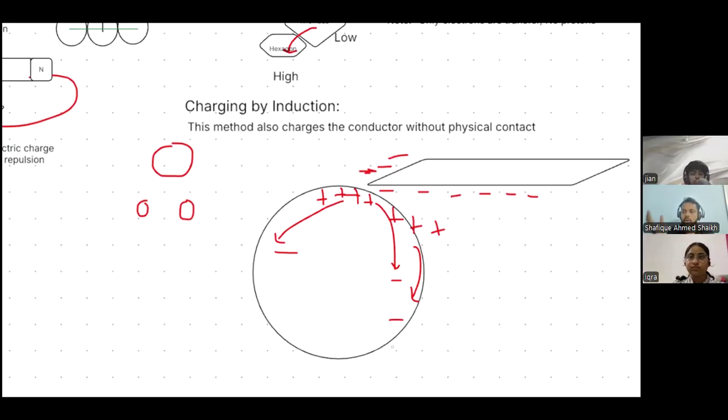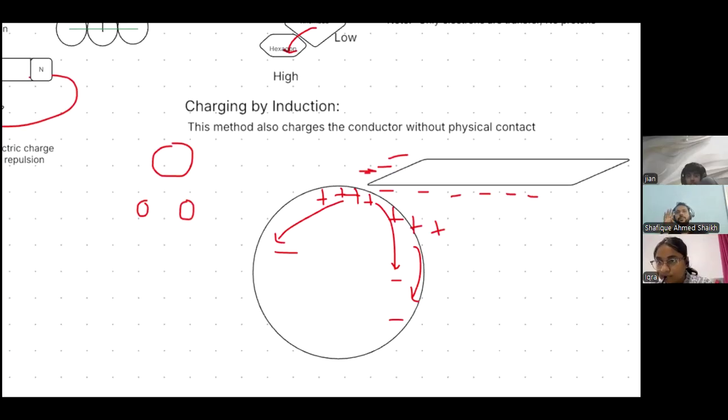If you are still holding that sphere in your hand and you remove the earth connection, the sphere will be positively charged. Now if you remove the charged rod, then the positive charges redistribute themselves evenly over the surface of the sphere, and because of that the surface is permanently positively charged.